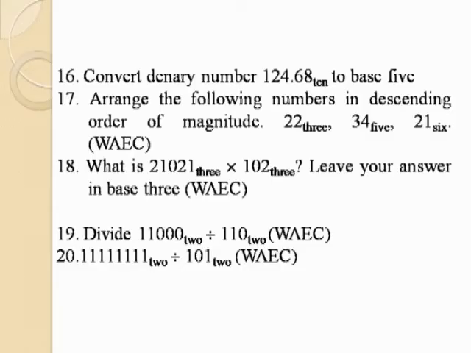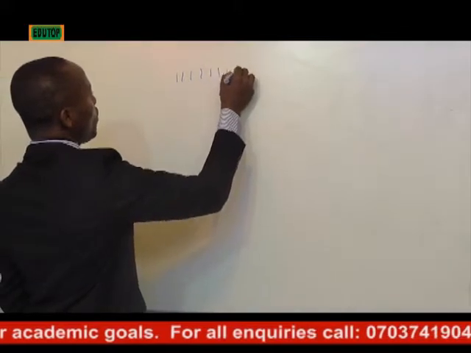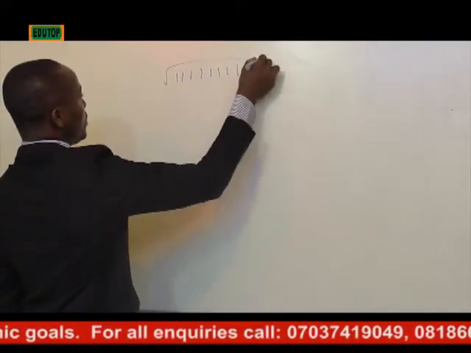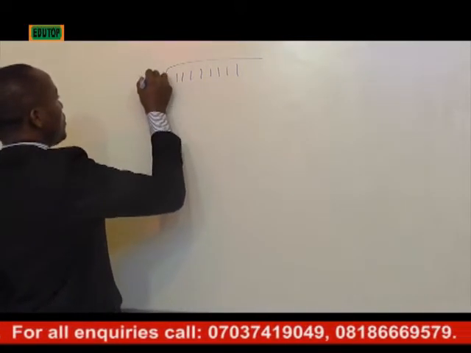The last question we'll be treating under number-based system is under division. We're going to divide 11111111 base 2 by 101.